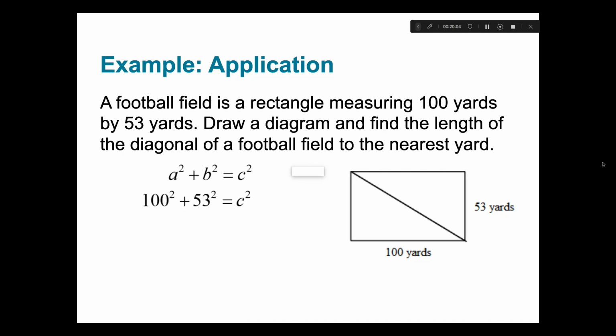So when we put this information in, we have 100 squared plus 53 squared equals a number we don't know squared. Square each of those numbers. Add them together. And then what do we have to do to that number? Find the square root.